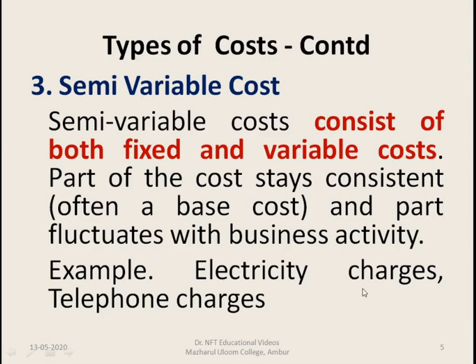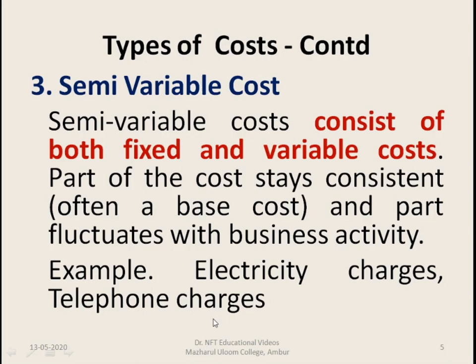Example, electricity charges or telephone charges. In the case of the electricity bill, the monthly bill will include a fixed amount and a separate amount based on the number of hours the company uses. So there are two costs involved in the case of electricity charges.